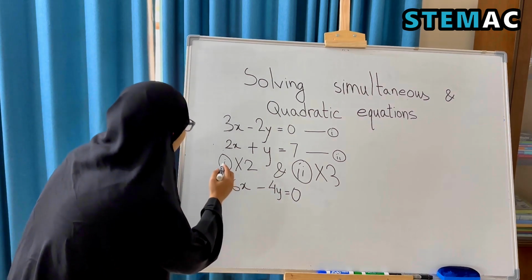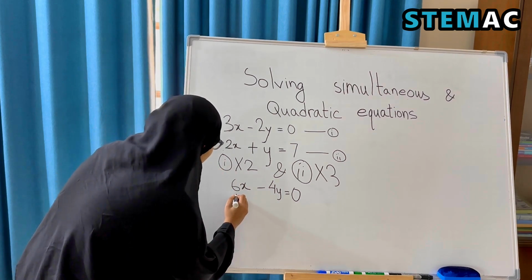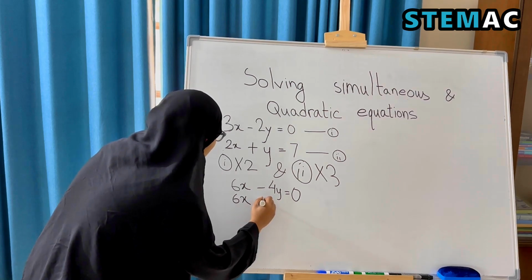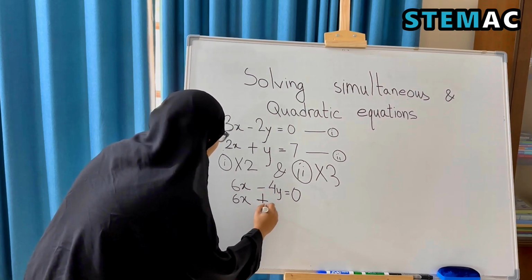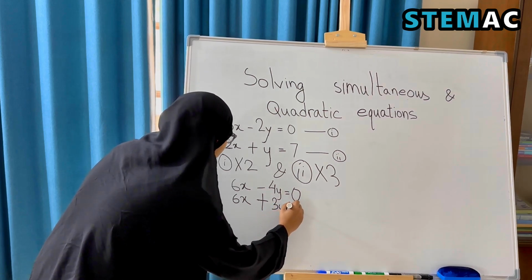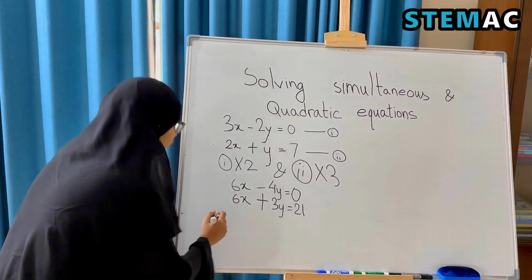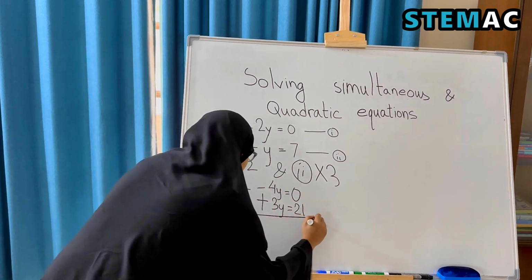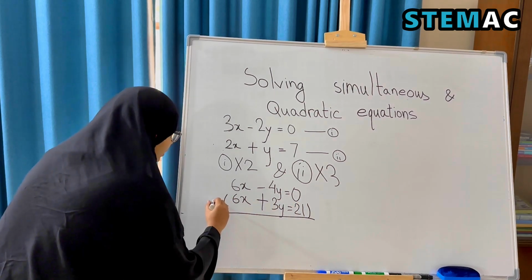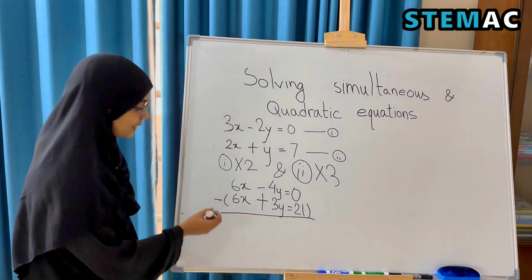And if we multiply equation 2 with 3, we get 6x plus 3y equals 21. So if we subtract, what we get is 6x minus 6x is 0.